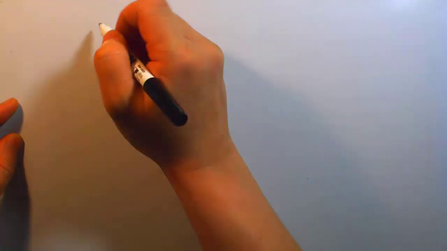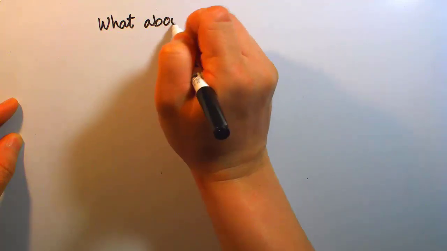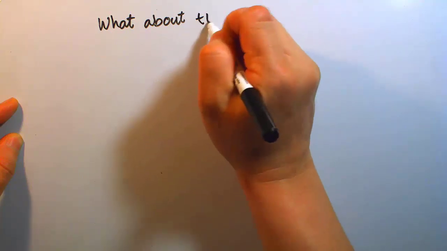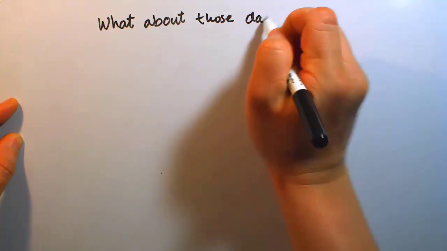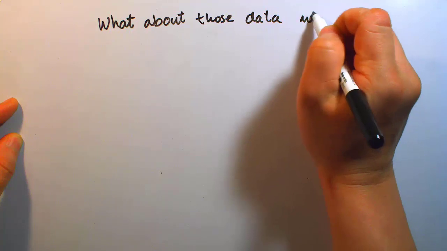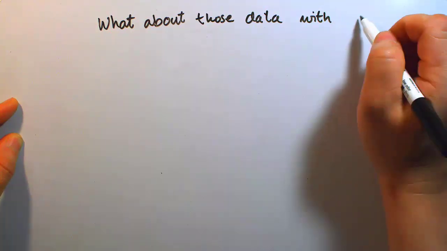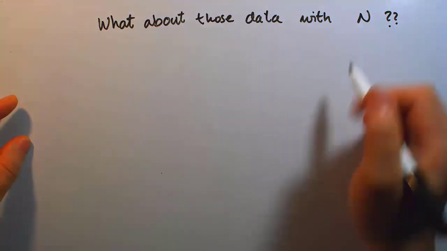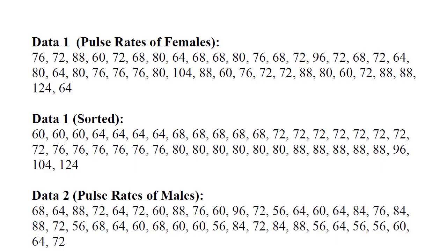And at this point, after studying carefully all about the population data, we're going to start asking ourselves, so what about those data with the n count? Let's say think of your data 1, it has an n count being 40. Think of some other data set that has an n count.